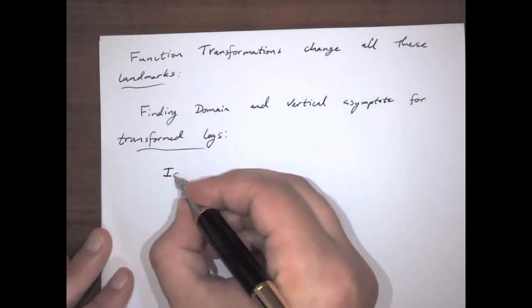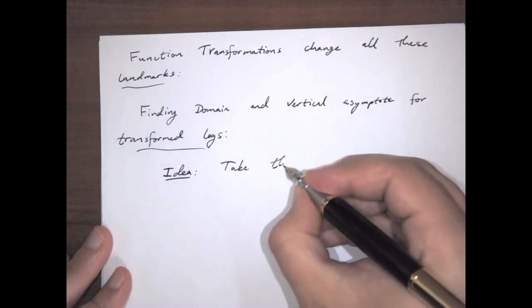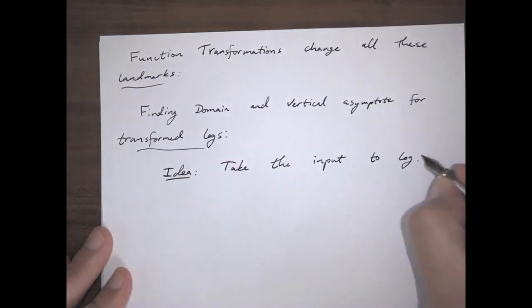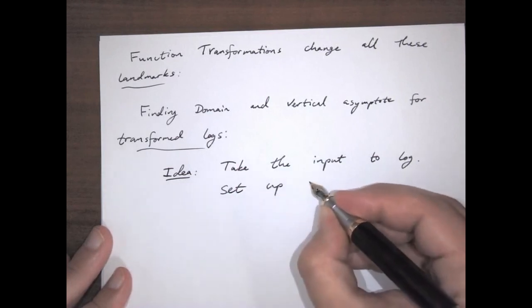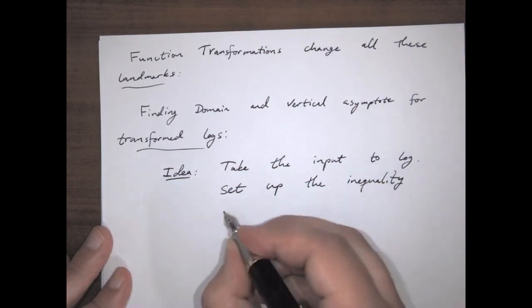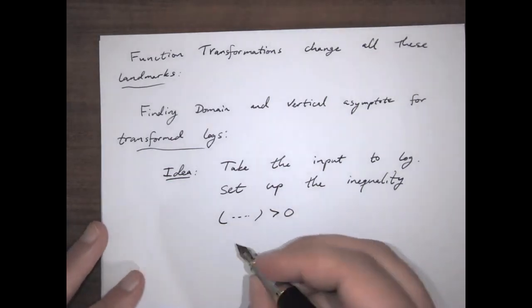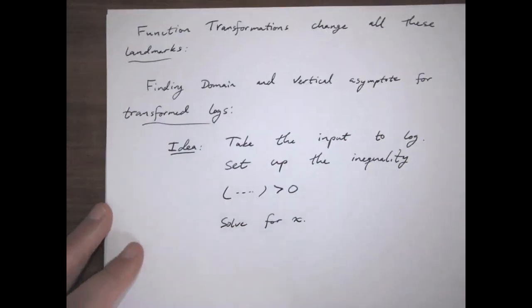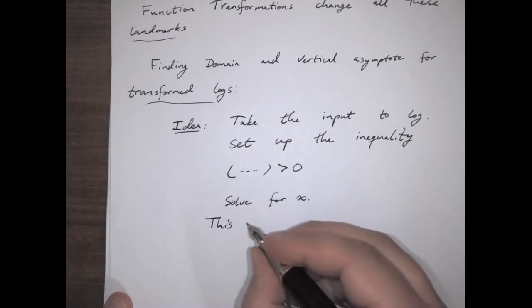The idea is: take the input to the log, set up the inequality, whatever it is greater than 0, and solve for x. This gives the domain.